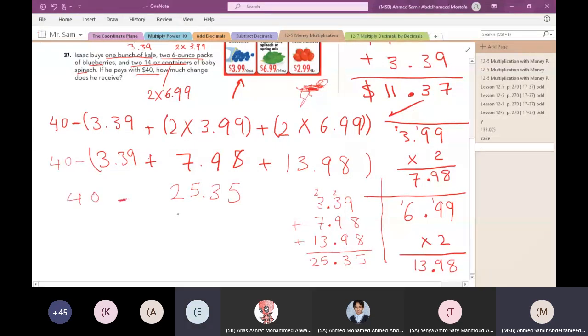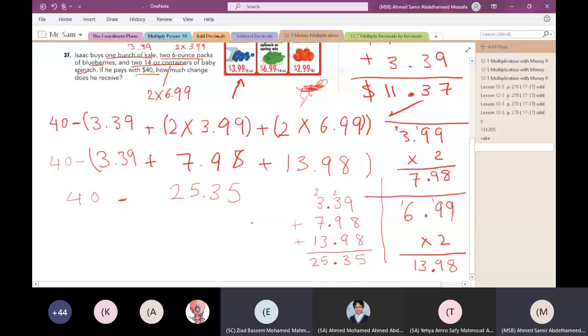I'll align it here for you. 40.00 minus, right?